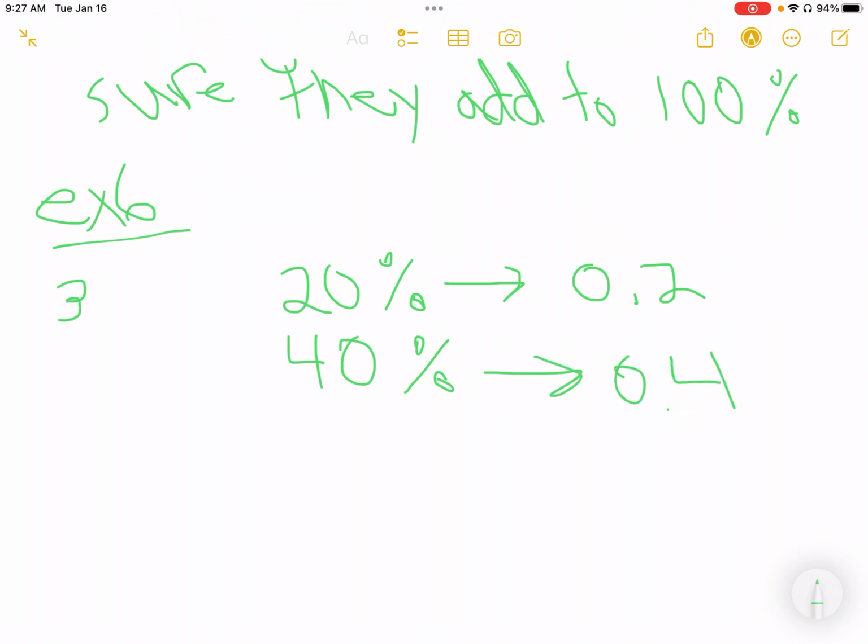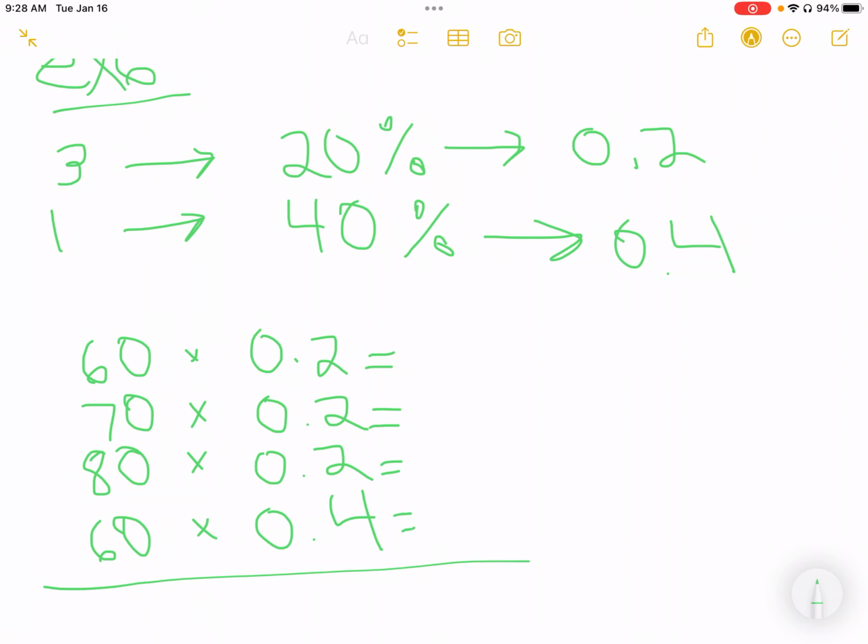So then I can multiply these out. Now I have, instead of weights that are whole numbers, this. And this is how your grades are weighted in class, right? I have these percentages here, okay? So I'm going to go ahead and multiply this out. So I get 12 for this one, I get 14 for this one, I get 16 for this one, and I get 24 for this one.